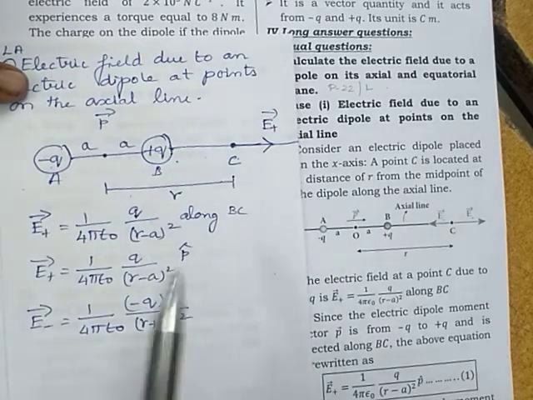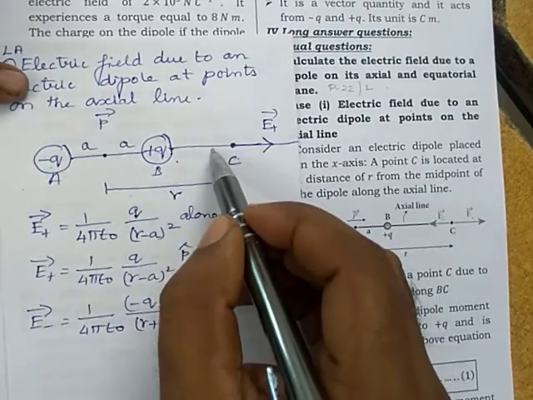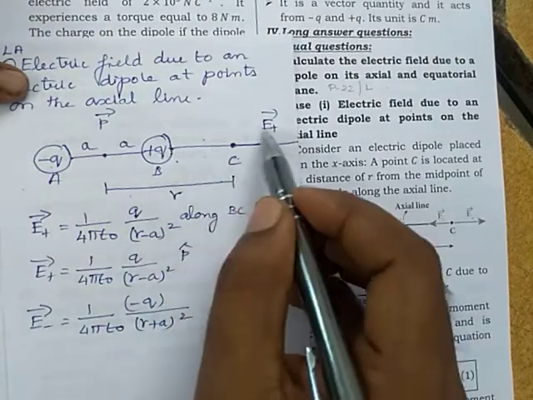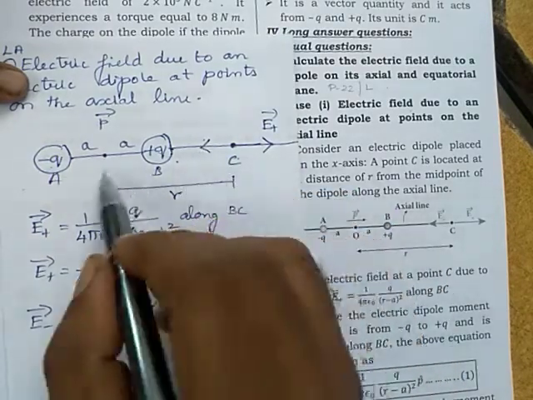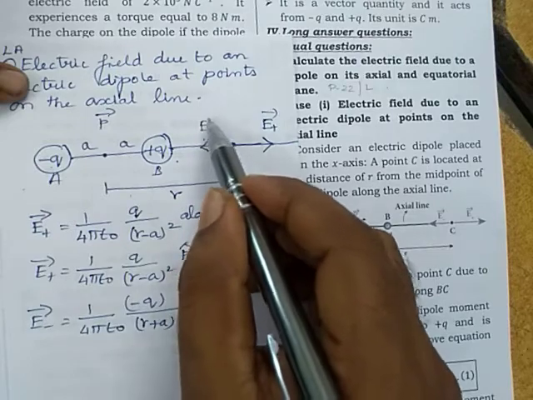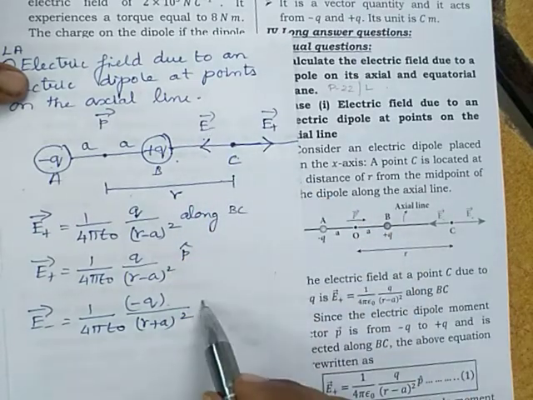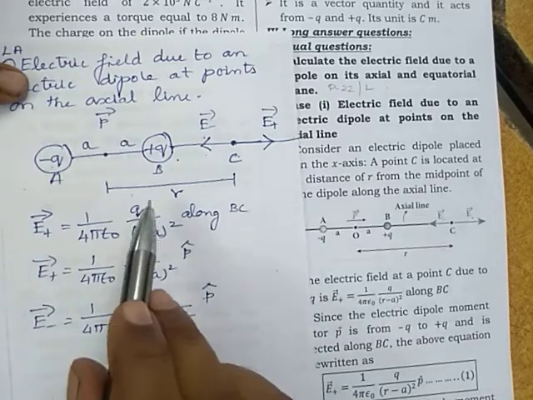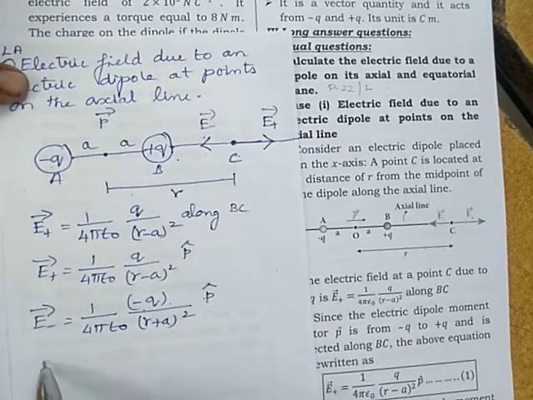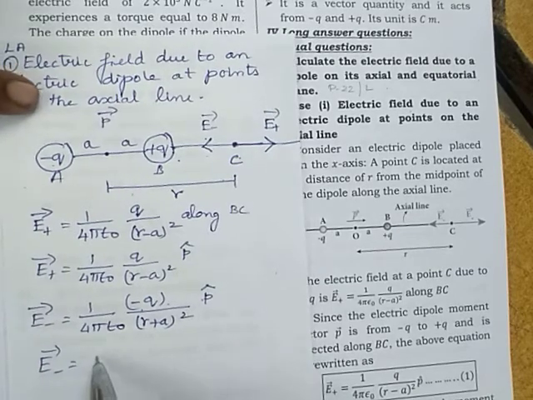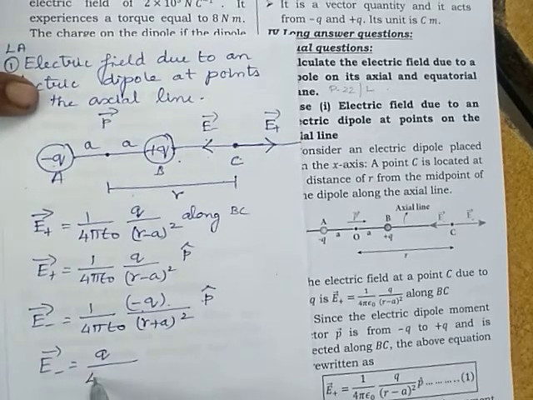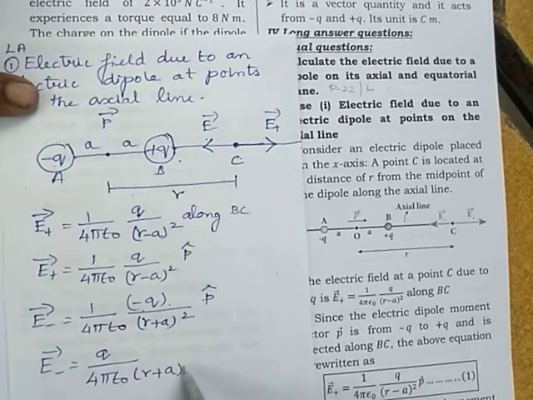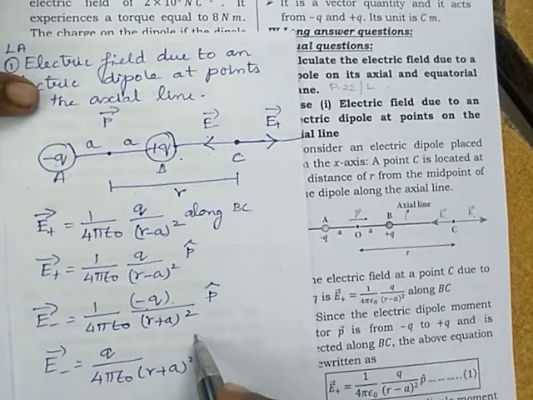Here it is in the direction opposite to E plus, because it is a negative charge, so we write it as minus p cap. Modifying this, we get E minus vector is equal to q by 4 pi epsilon naught (r plus a) whole square, minus p cap.